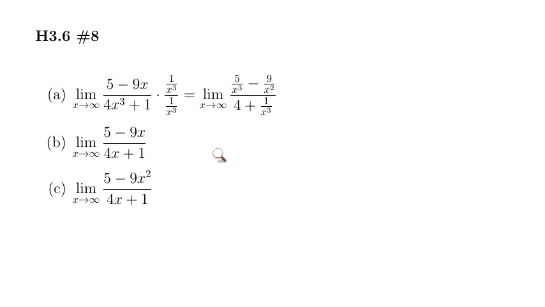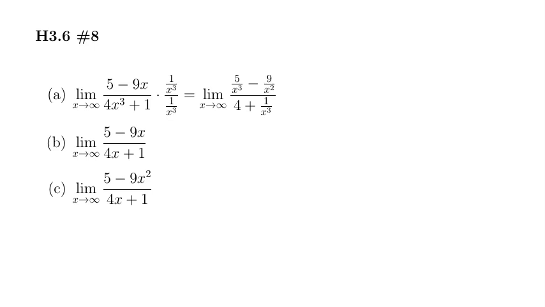You can see that as x approaches infinity, this term is going to go to 0 because you have 5 divided by an extremely big number. Same thing here, 9 over a really big number goes to 0. And then this one goes to 0. So maybe I should write that.